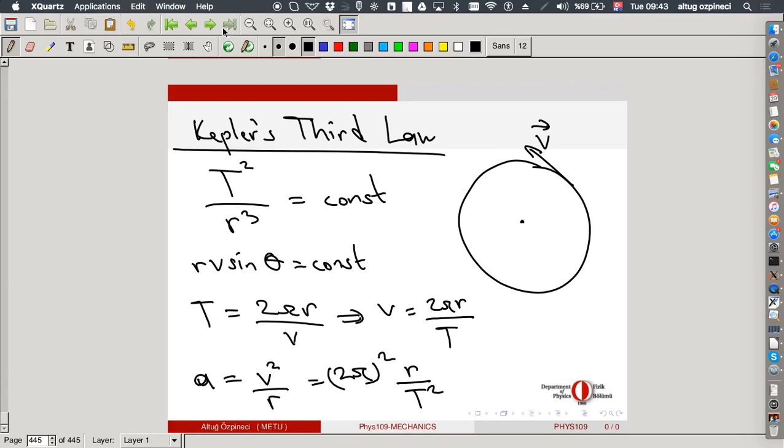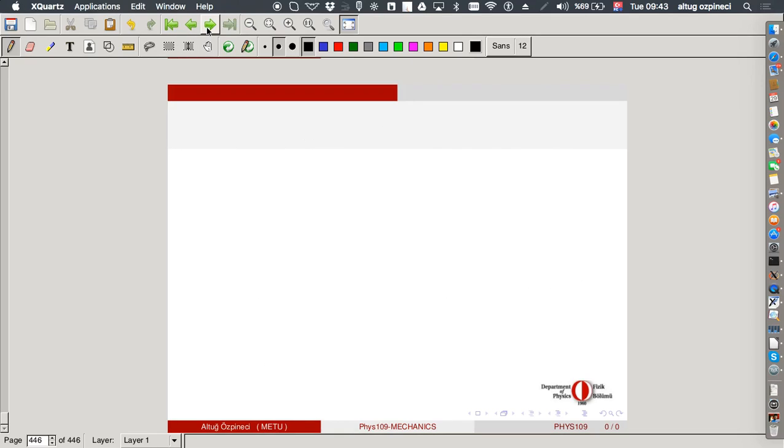So the force acting on this planet is just mass times the acceleration. A is 4 pi squared r over T squared. The force, the magnitude, is the mass of the planet times the acceleration.